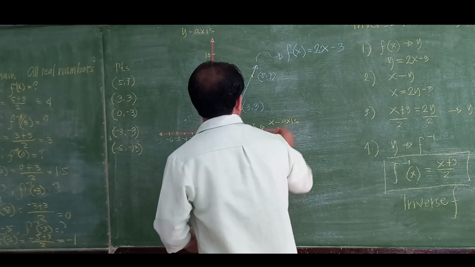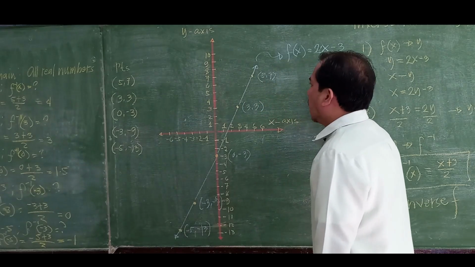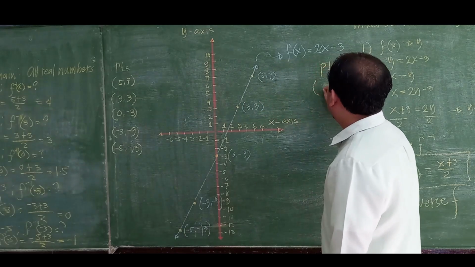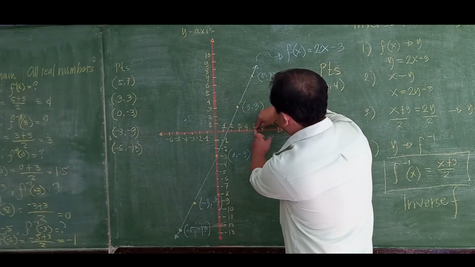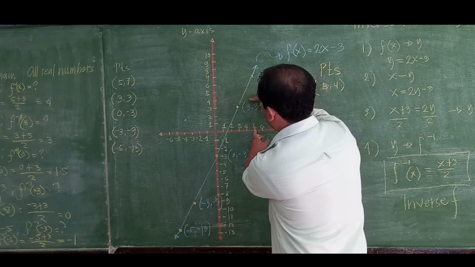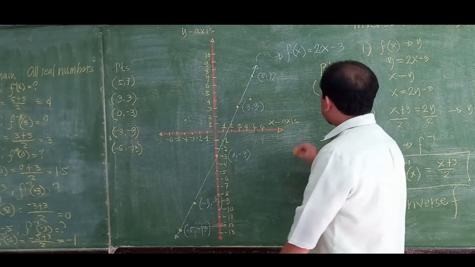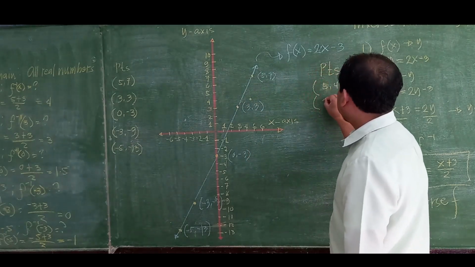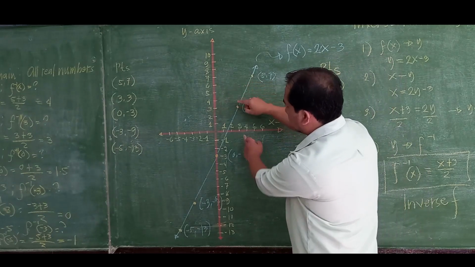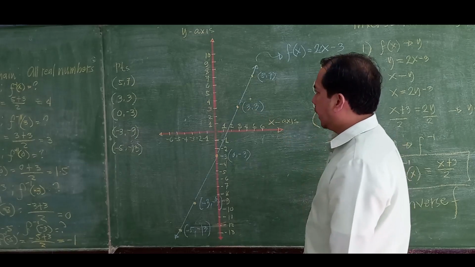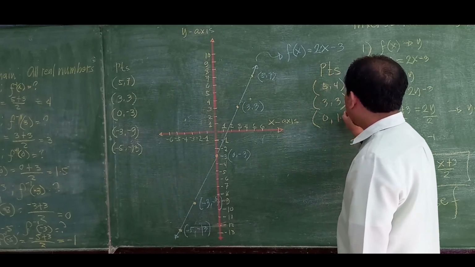We write in here the inverse, so that the points we have are 5 and 4. Where is 5 and 4? Here. Next, where is 3 and 3? We have in here 3 and 3. The next one is 0 and 1.5.